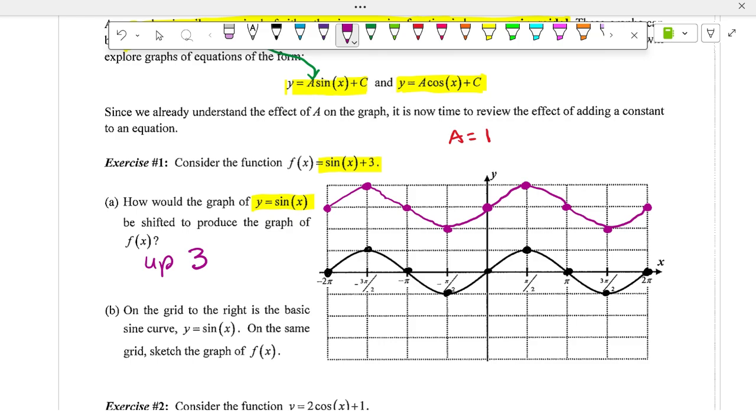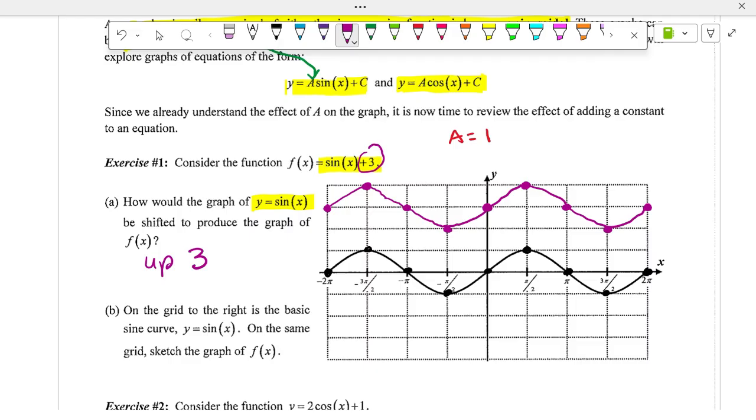So guess what? That's what this plus 3 controls. It also controls what we call our midline. Okay? So the midline is a great thing in sine and cosine graphs. It's basically that middle point that you're always going to hit.